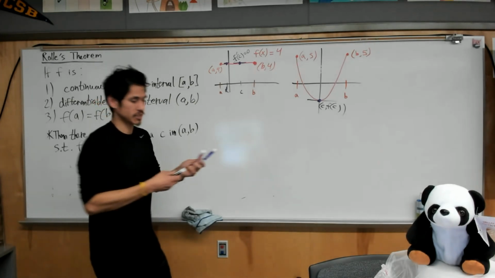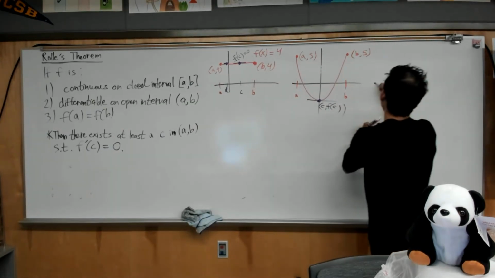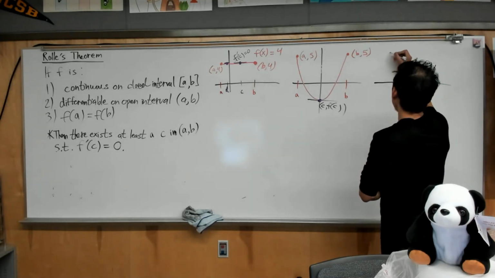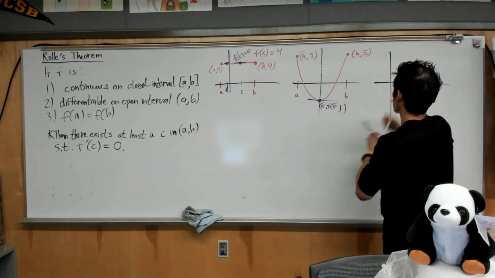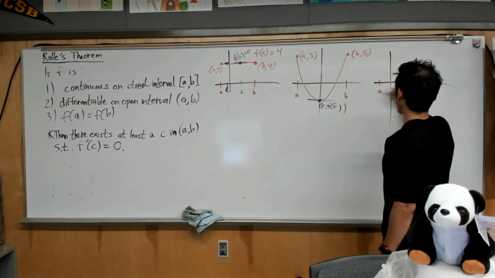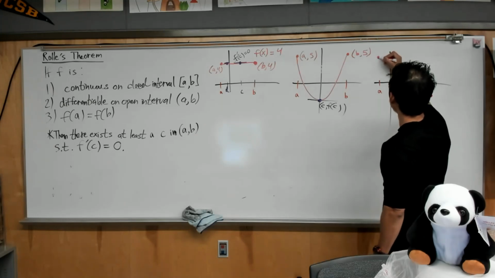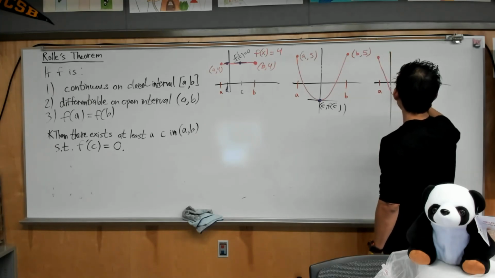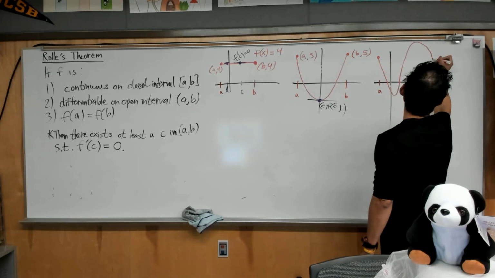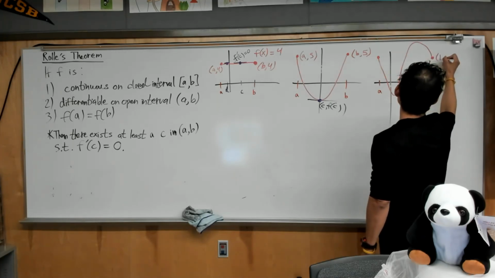In the third case, a third general case you want to think of, is what if it does this sort of thing twice? Maybe it goes like this, and it goes like that. But again, at the endpoints, let's say the endpoints are 3.